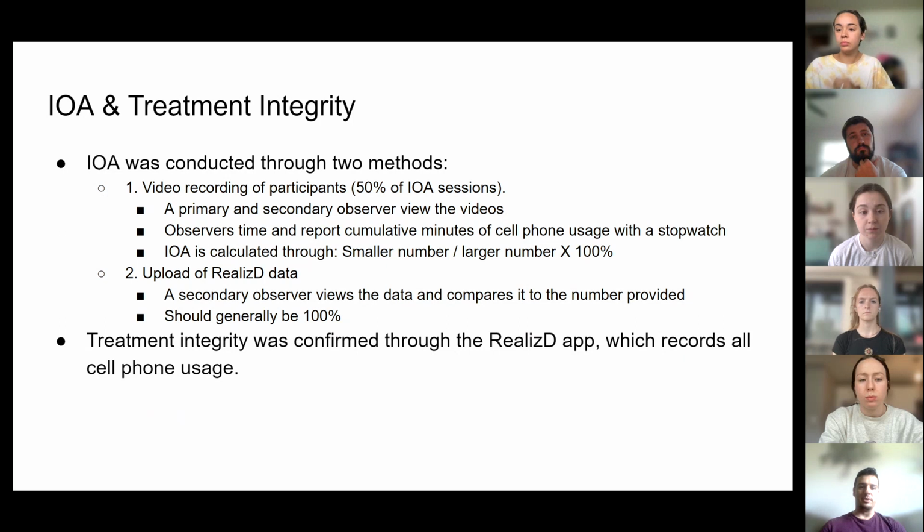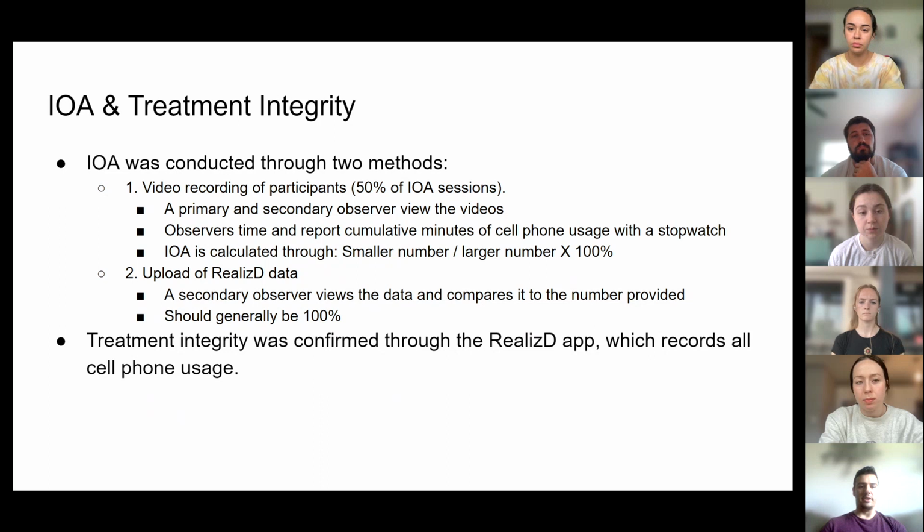IOA and treatment integrity was conducted through two methods. The first was through the video recording of participants, which constituted 50% of IOA sessions. A primary and secondary observer view the videos and compare it to the data presented within the data table. Observers time and report cumulative minutes of cell phone usage using a stopwatch during a 45-minute period.